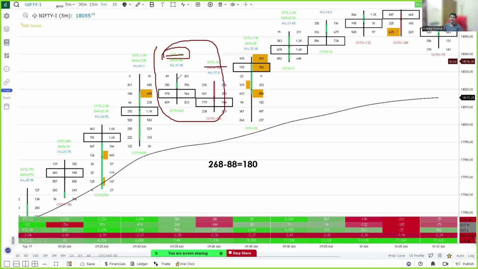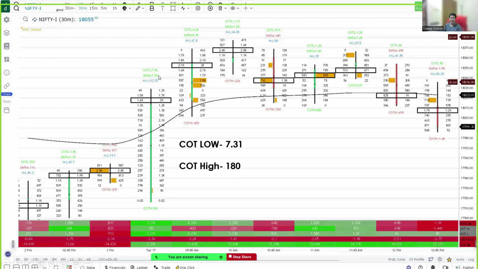Since we are calculating the COT high, from this high point to where the current prices have closed, we subtract this 88 delta from the previous number, 268. Now we get 180, which is exactly the COT high in this 30 minutes.